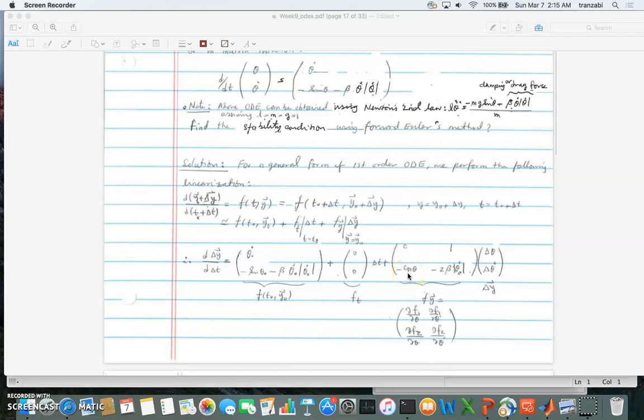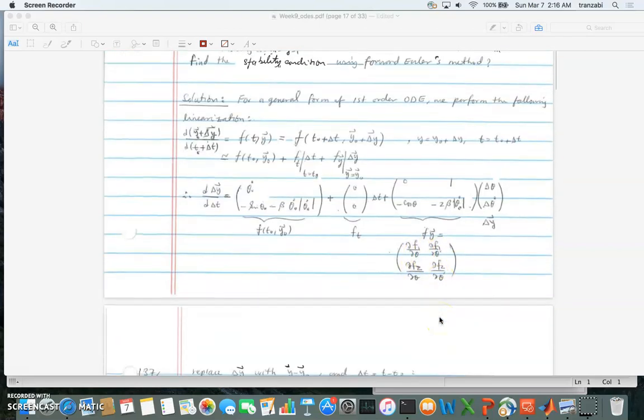The second row is the partial derivative of the second element with respect to theta and with respect to theta dot. By doing the derivatives, we find that the partial derivative of f with respect to y is this matrix. This is nothing but a Jacobian with respect to theta and theta dot.